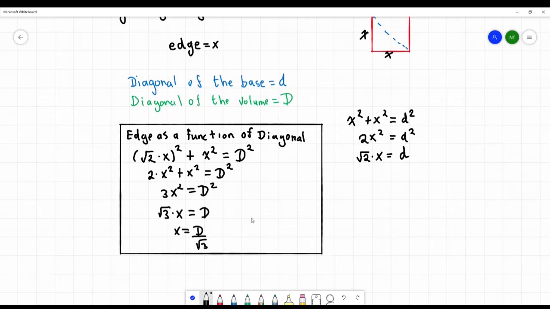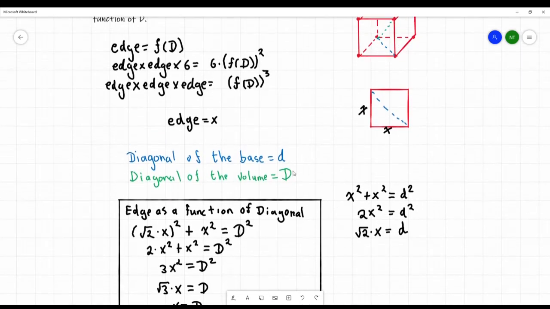Edge is a function of diagonal. Okay, so we solved that. Now we could just refer to the formulas we wrote over here to solve the rest of the problem.